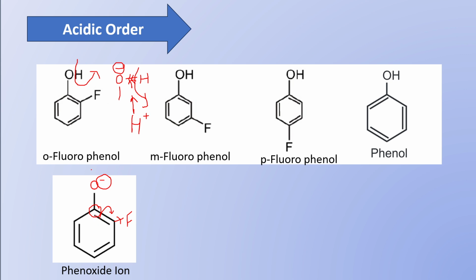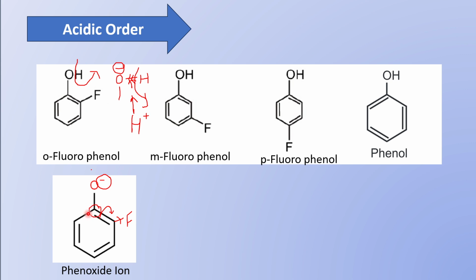And the electron is going to be pulled away from it towards the fluorine. So the electron density in the bonds is going to be decreased at this particular carbon.